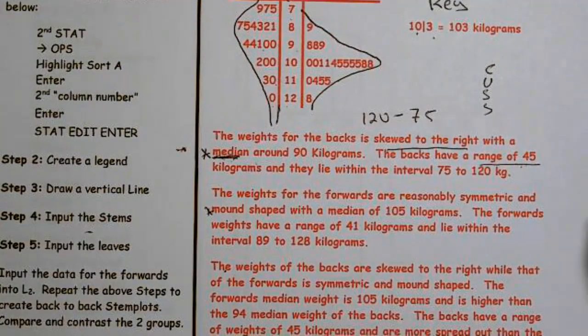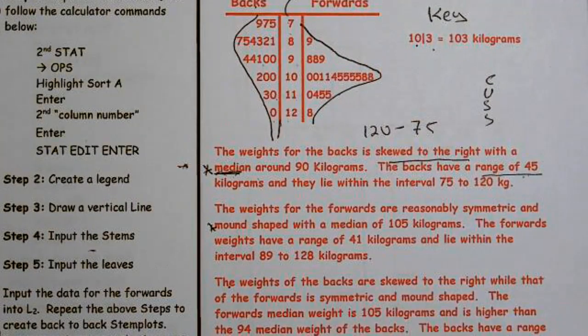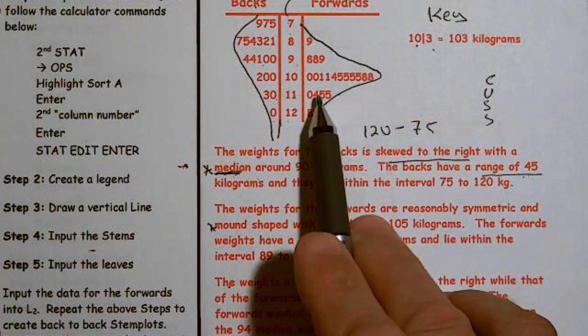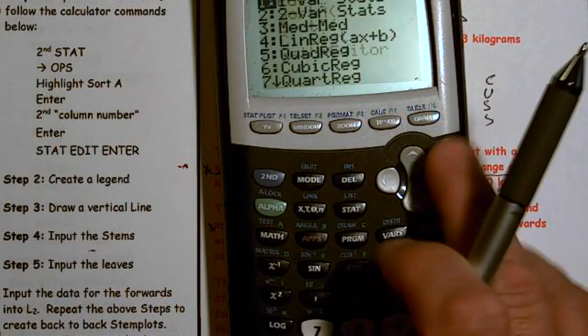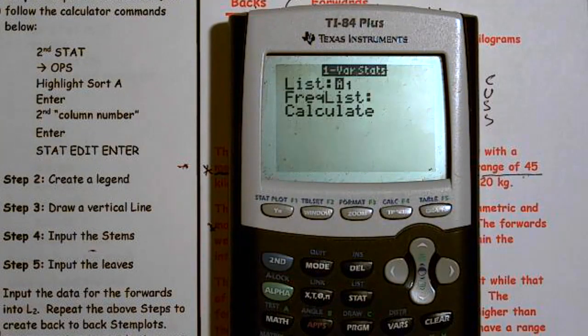The second distribution is the weight for the forwards. And in this case, it's reasonably symmetric and mound shaped. All right. And the weights have a range of about 41 kilograms. They have a median of about 105. And by the way, I can get that again from the calculator, stat calc. Press enter. But now instead of L1, I want column 2.